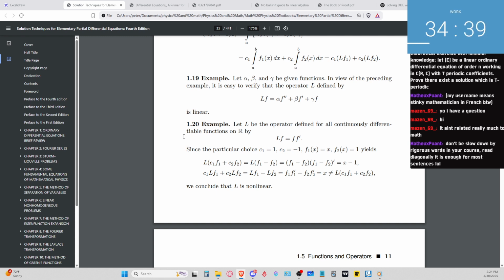L of f is equal to alpha f double prime plus beta f prime plus gamma f, which is linear.